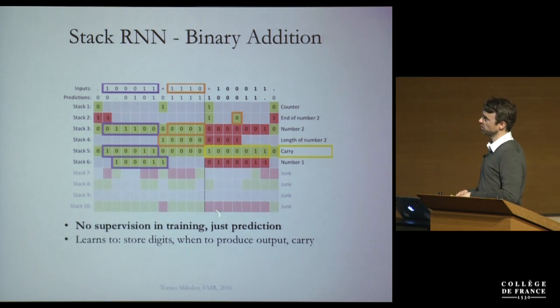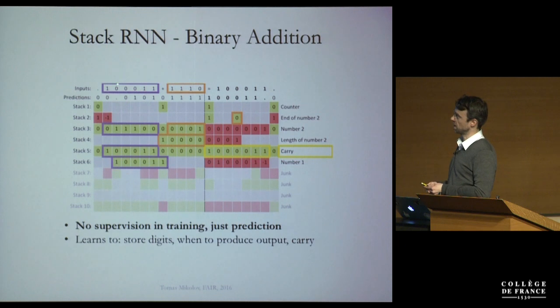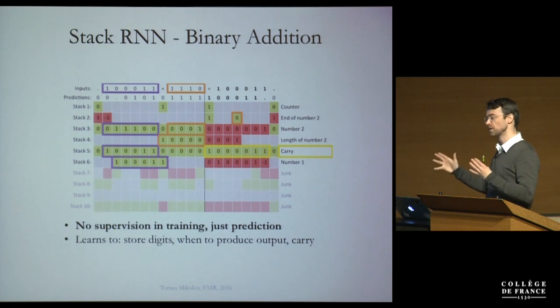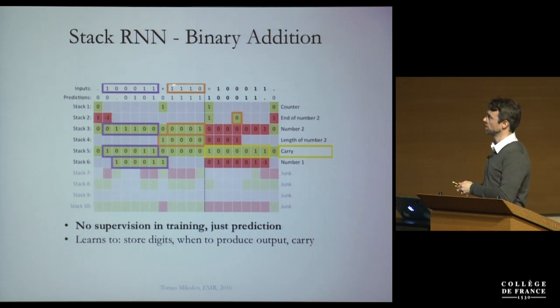When they say no supervision, what they mean is that there's no supervision saying how the model should use these stacks. The use of those stacks has been learned through backpropagation by trying to predict the next symbol. And when they looked inside the model, they were able to see that one of the stacks was effectively keeping track of the carry operation that you need to do addition successfully.